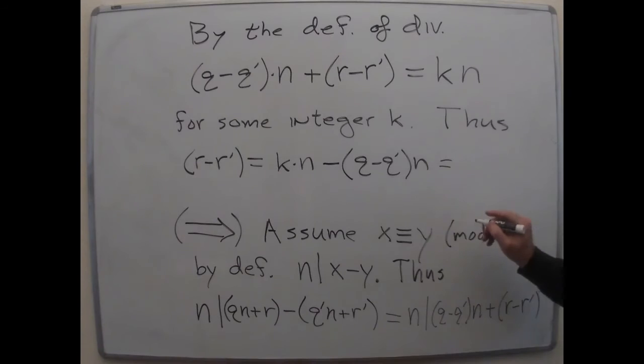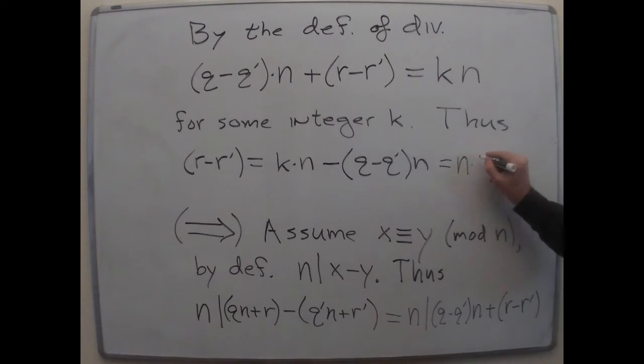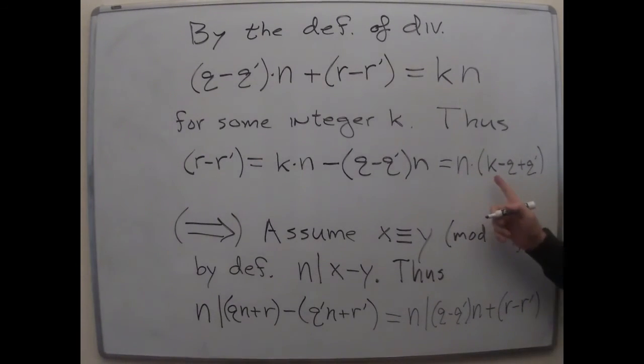I guess I can do it one last time: n times k minus q plus q prime. The only thing we need to know though is that this is a multiple of n and this bit here is an integer.